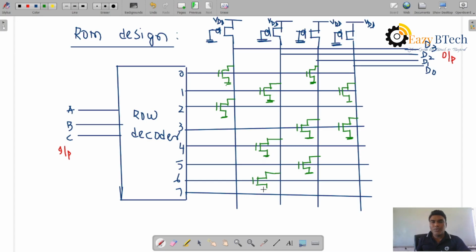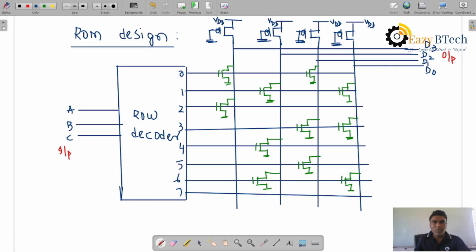So each address location has data stored over here, right? Each address location starts from 000 and goes up to 111. Here is the data path.